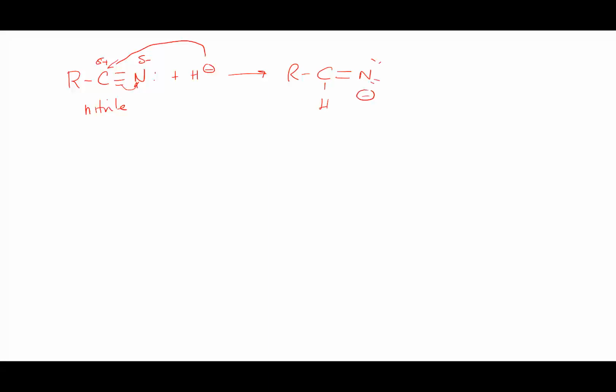So then the nitrogen is going to be negatively charged. The C triple bond N is just like C double bond O. And we're going to do a lot of these reactions.